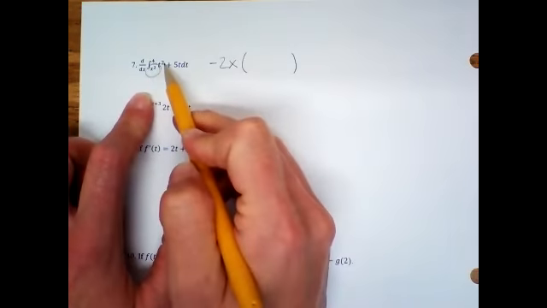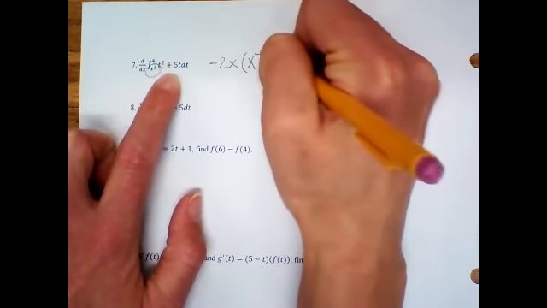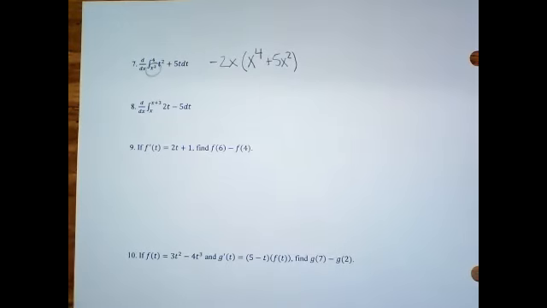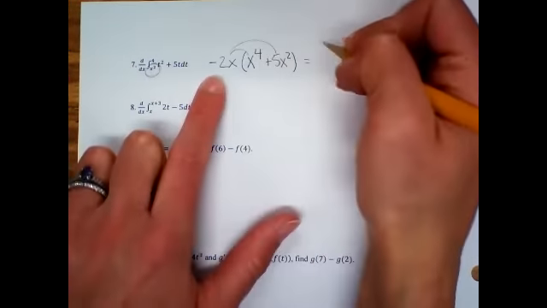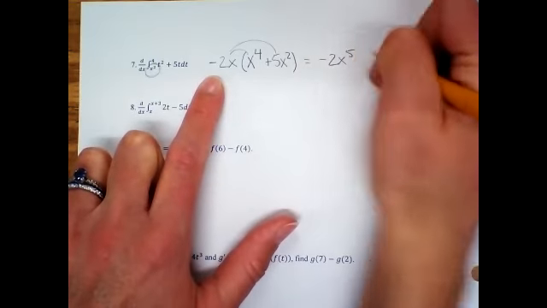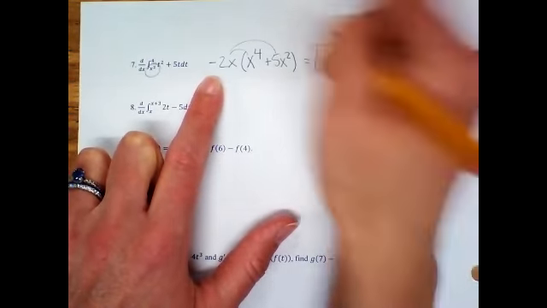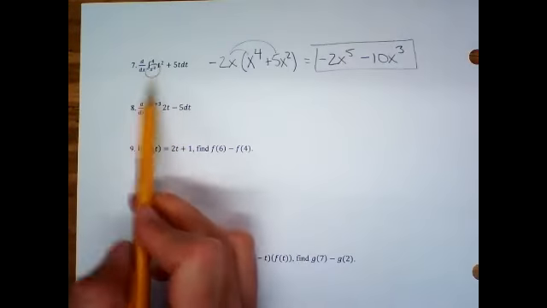So x squared squared is x to the fourth, plus 5x squared. And then distribute, that would be negative 2x to the fifth minus 10x to the third. So again, negative because the boundaries were reversed, and that 2x got multiplied on because there was a chain rule.